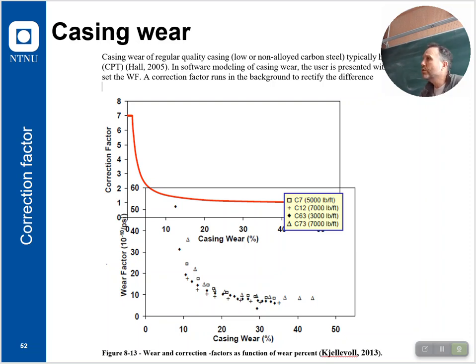When it comes to 13% chrome material, stainless steel, the contact pressure threshold is not there, which means that these correctional factors and everything else that goes on to correct for a normal steel behavior that they tested once they made the model is just not there.